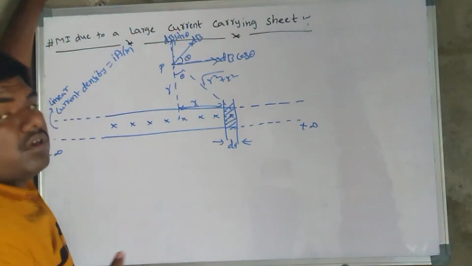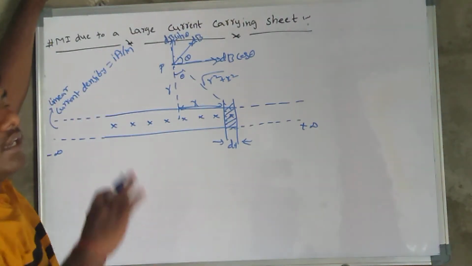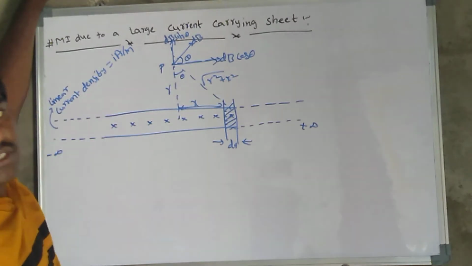Whenever the current is inward to the board, the magnetic field direction is along the x direction.